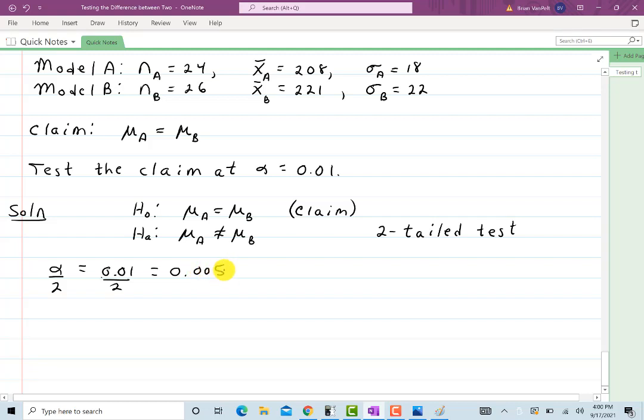So now let me use the table to get the Z0 value that starts that region. Remember, in order to make use of the table, I need to do 0.5 minus 0.005, and that equals 0.495.